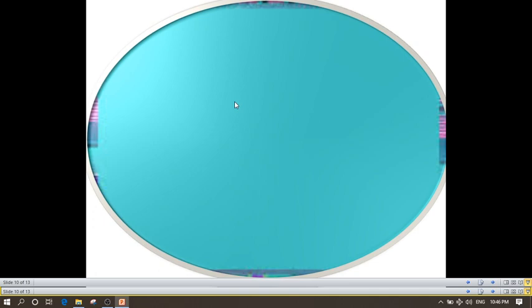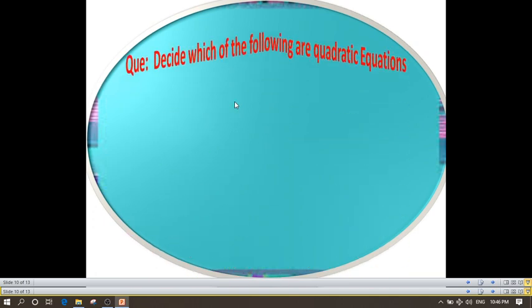Now take some examples. Question is, decide which of the following are quadratic equations. First equation, 3x square minus 5x plus 3 equal to 0.